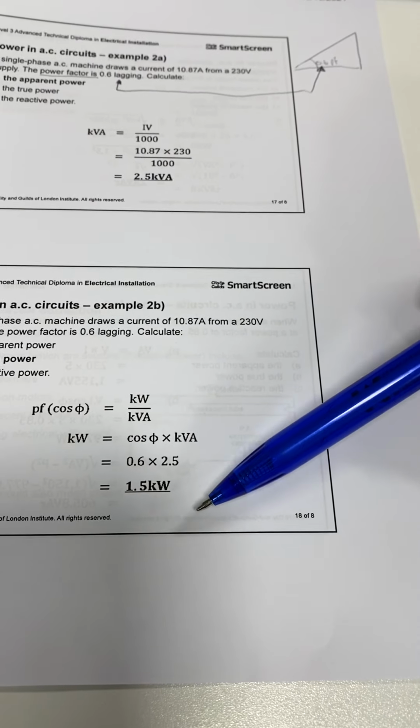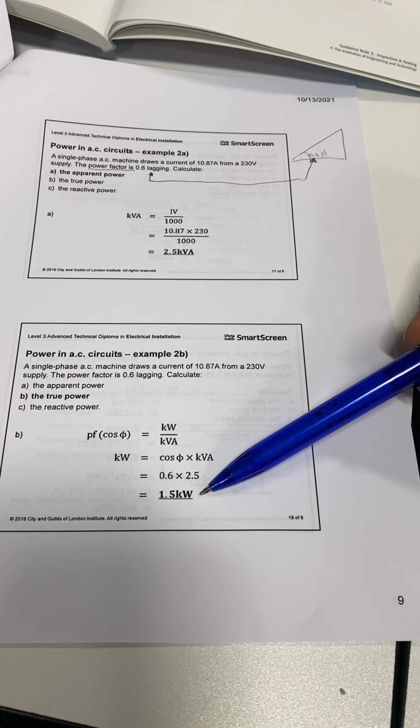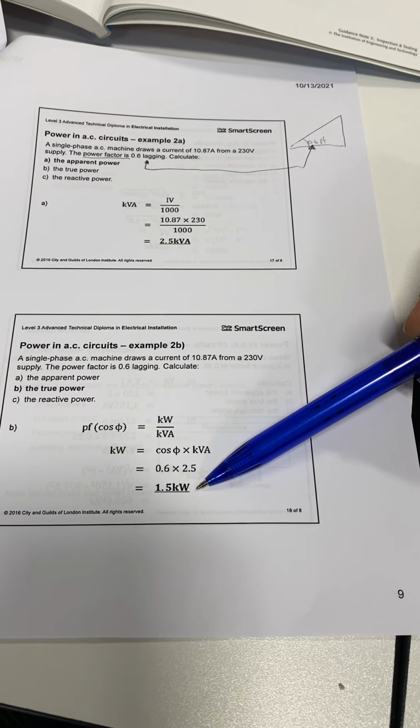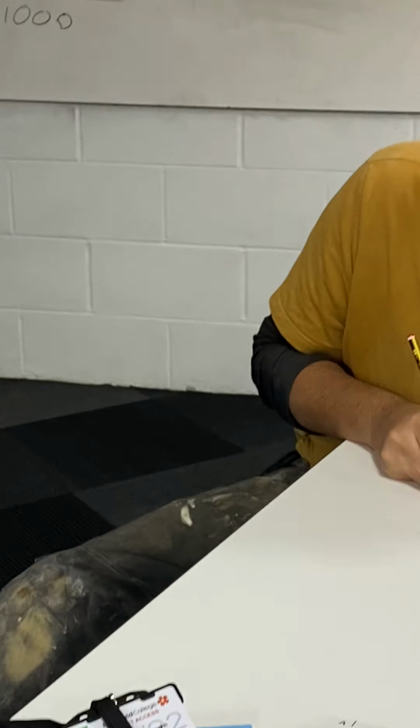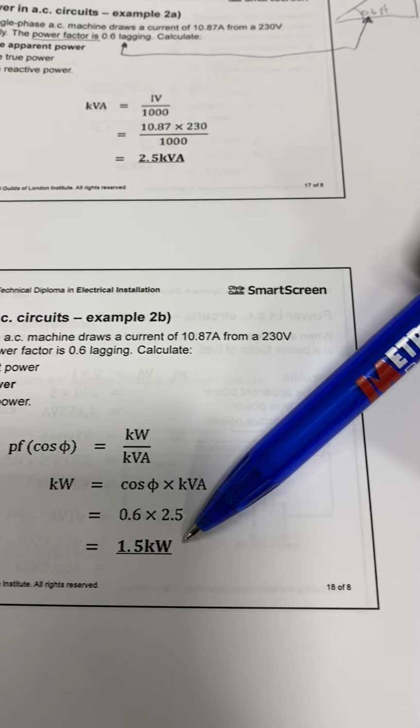So let's put that through the calculators, please. Try it again. I think you might put a number wrong somewhere. Okay, accidents do happen. 1.5 kilowatts, that's perfect. The rule of thumb for this is because that's the shorter side of the triangle, it's got to be smaller than this, hasn't it? If we end up with the answer being bigger, we know we've done something wrong somewhere.